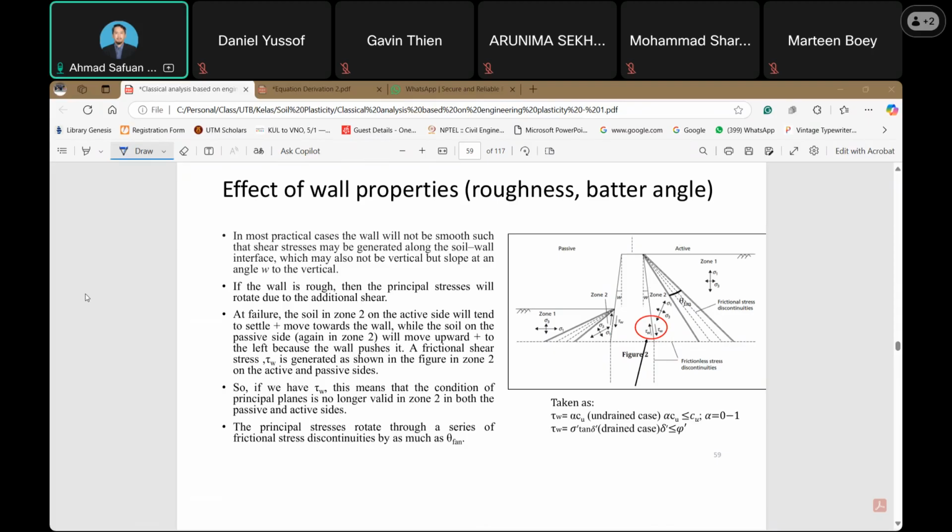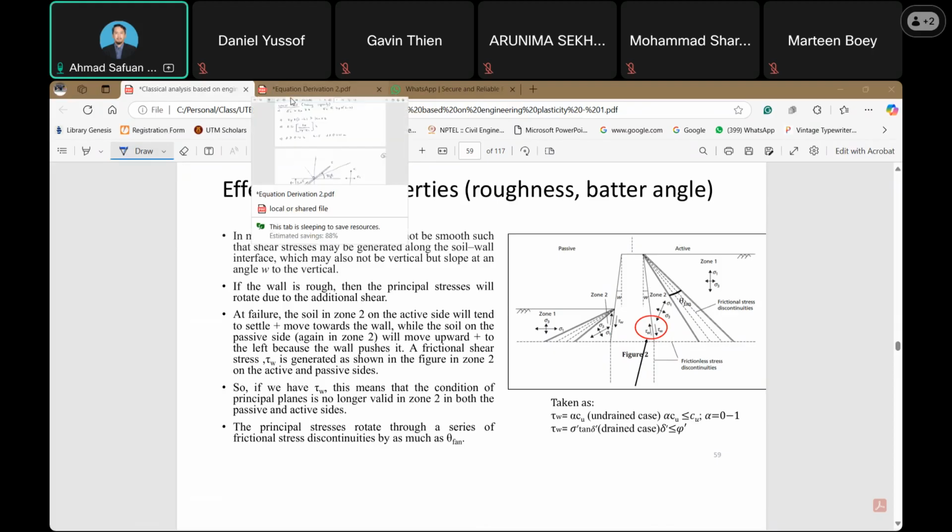At the moment I am only able to show the full derivation for the undrained case.